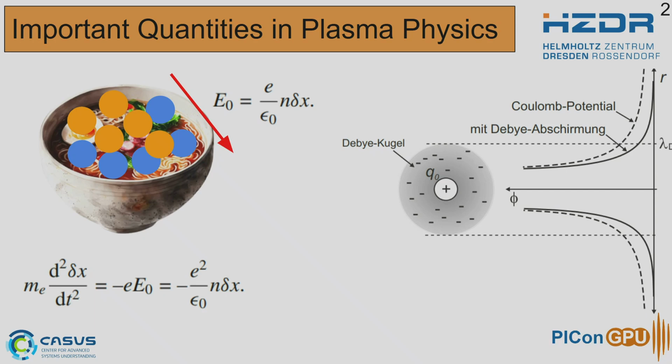And since the electric field is proportional to the separation distance, you'll get m times a is equal to something proportional to the distance, and that is a harmonic oscillator. So you'll see that, again, what I said in the beginning, a plasma in thermal equilibrium is governed by some harmonic oscillator behavior. And this harmonic oscillator behavior is exactly the plasma frequency. So keep that in mind for later, because we'll need it at some point.